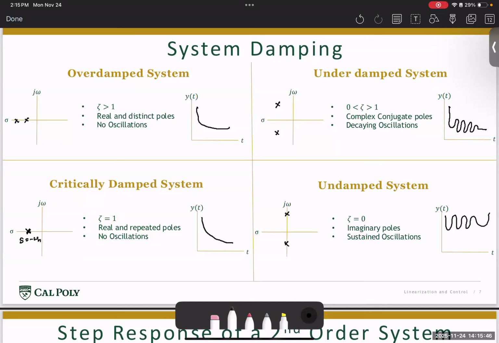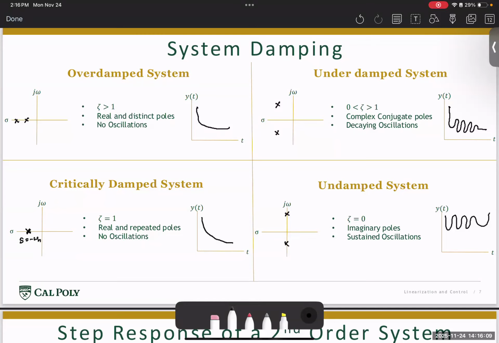And then there is a critically damped system. A critically damped system is a system where zeta is equal to 1. Here the poles of the system become real and repeated, which means they have no imaginary component. They're still on the left-hand plane of the sigma j omega plot, which means the system is still stable, and there is no oscillation. And then the last case is when zeta is equal to 0.